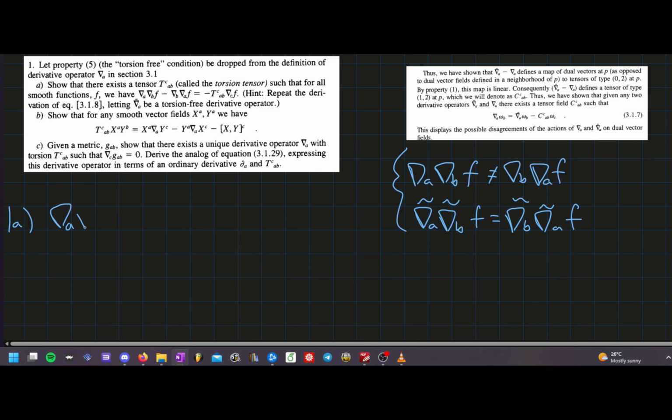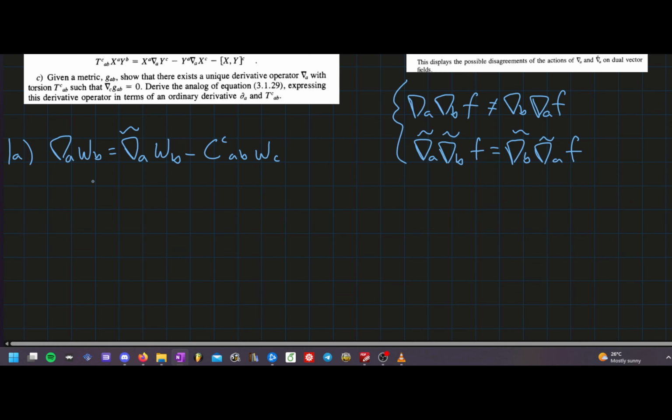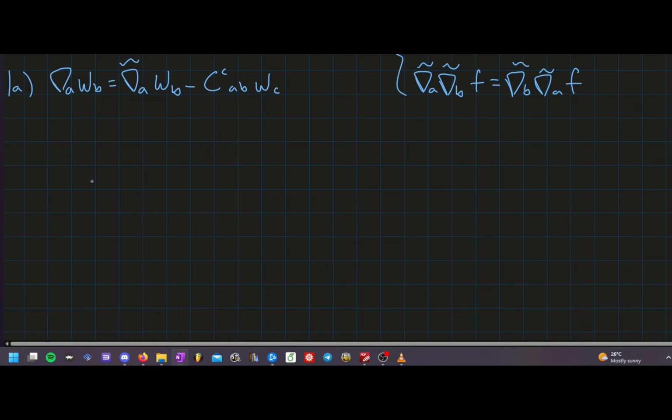Nabla A, omega B equals nabla tilde A omega B minus C, where C is just some tensor field, omega C. Now, since we're going to follow the derivation of 3.1.8, we're going to do what they did in the text, which is let omega B be nabla B of f, which consequently is also nabla tilde B of f. So with this, we can rewrite the top line like this.